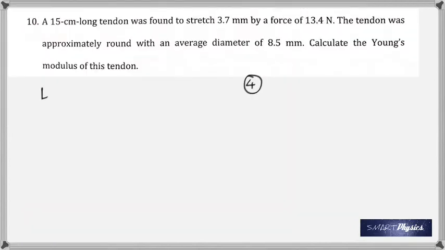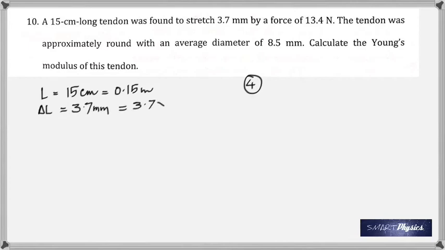Here, this is about Young's modulus and a 15 centimeter long tendon. That is the original length. It stretches 3.7 millimeters when a force of 13.4 Newton is applied. And the diameter of this is 8.5. You've got to find the Young's modulus. This is just a direct substitution into the equation.